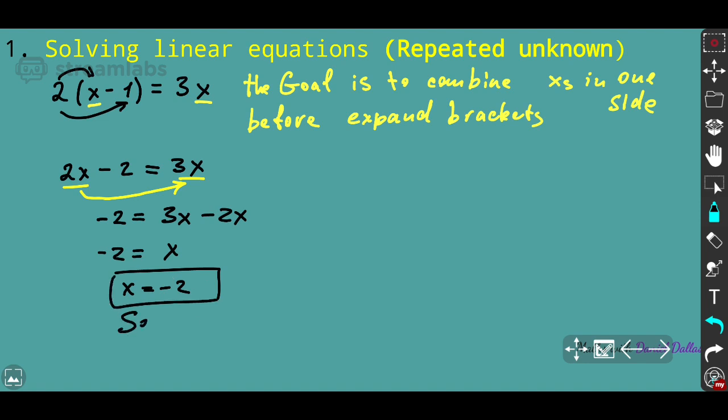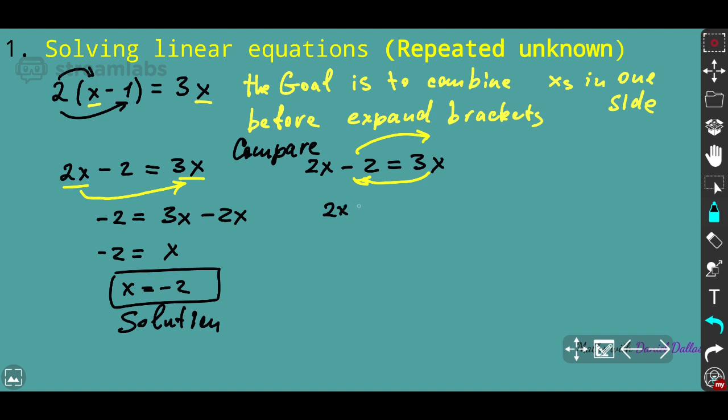That's your solution. And let's compare with the case if you decide to transfer 3x to the left side. Just compare. 2x minus 2 equals 3x. And now you decide to take 3x and transfer it here, while you need to take negative 2 and transfer it to the right side. So let's see what you will have in this case.